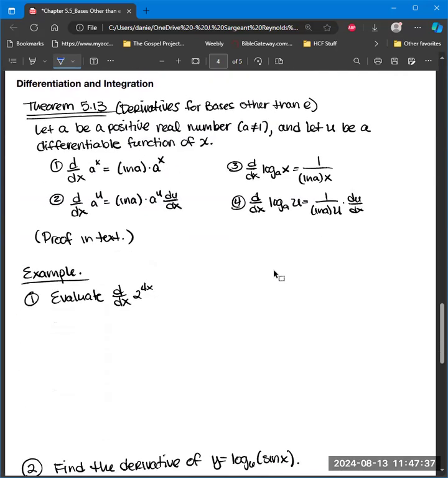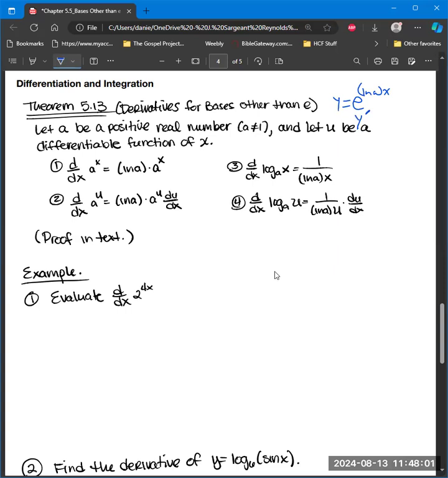All right, let's look at our rules here for differentiation for bases other than e. Because of how I can rewrite this using the chain rule, this was in the form of e to the ln of a times x is y.